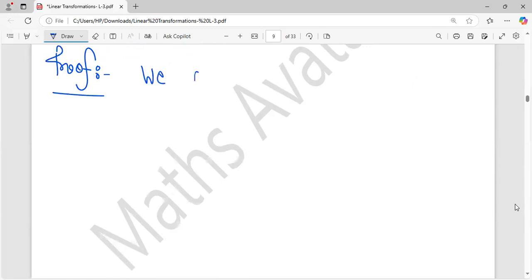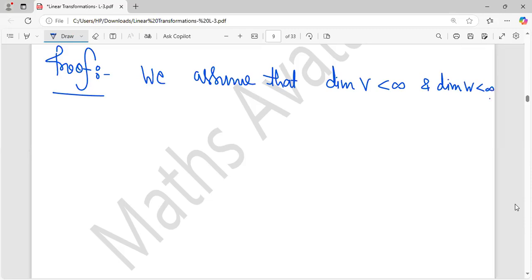We assume that the dimension of V is finite and the dimension of W is also finite. Okay.